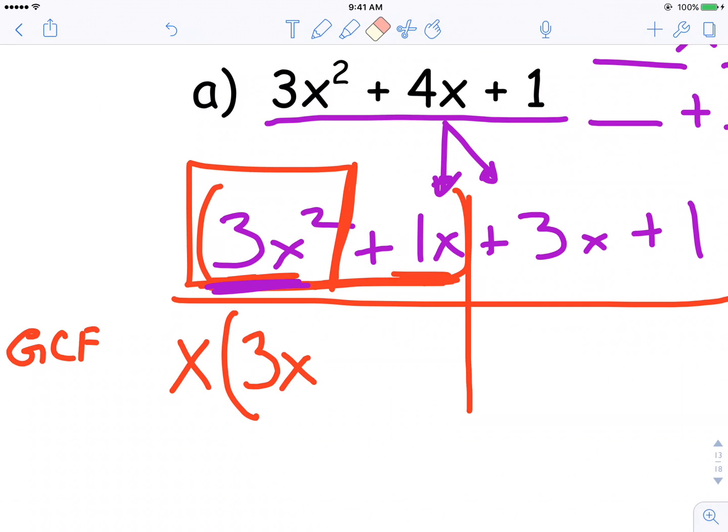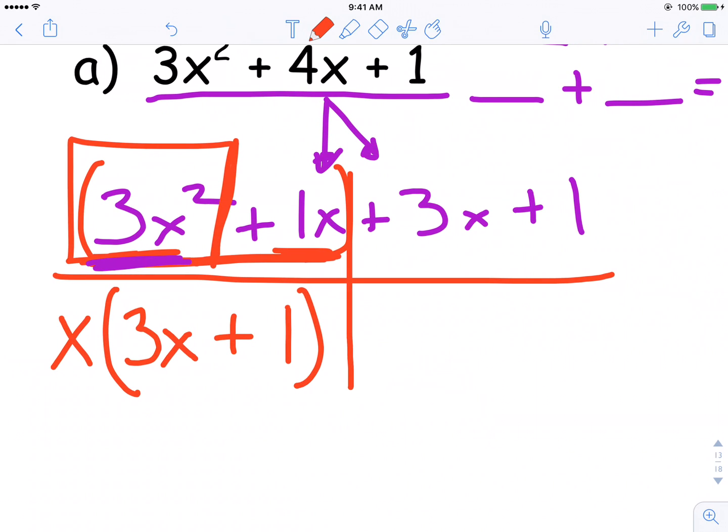Then I look at the second term. If I factor out an x from 1x, what am I left with? You should always be left with at least a 1. 1 times x is 1x. So I've taken a greatest common factor out of my first two terms. I look at my second group.